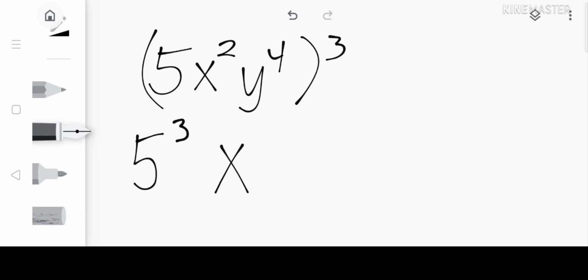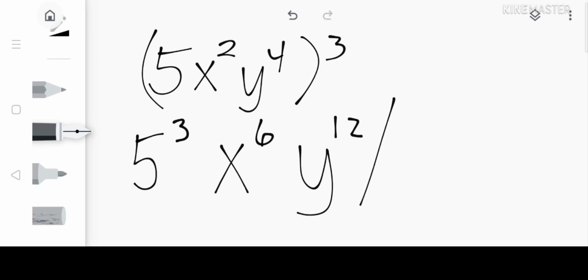So, 2 times 3, that is 6. And then y, 4 times 3 is 12. So, our final answer is 5 cubed times x raised to 6 times y raised to 12.